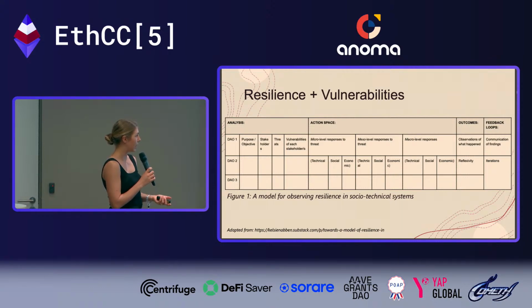As a researcher with my ethnographic hat on, I'm thinking about what the community is doing to adapt. What are the novel or interesting ways that DAOs are actually responding to their own changing environments?